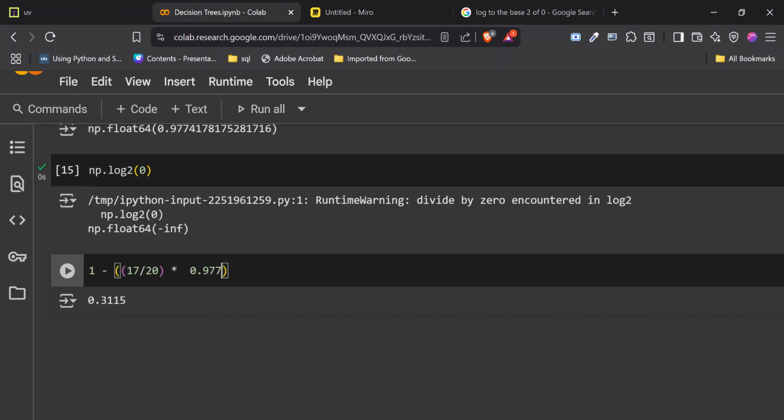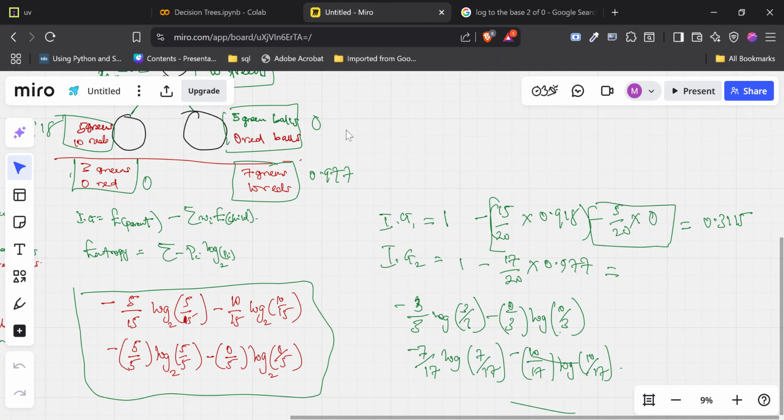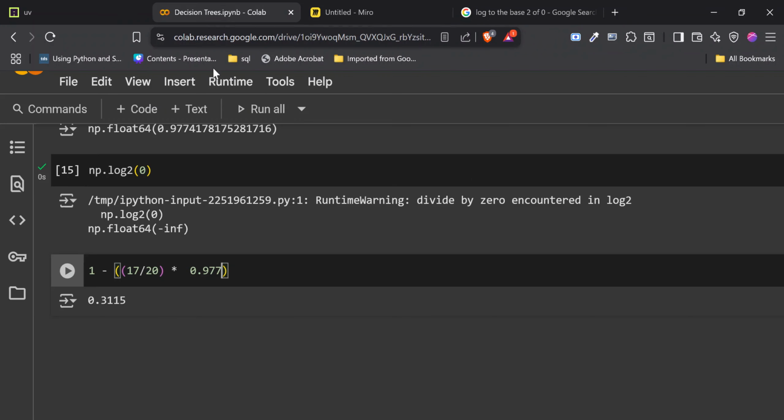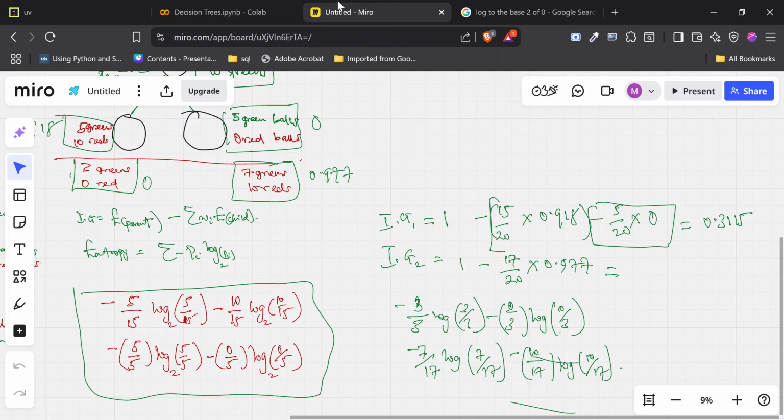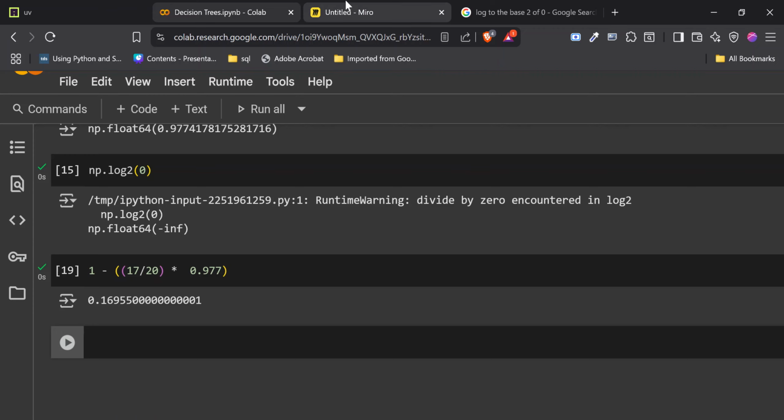Let's confirm that. Yeah, that's true. So if we run that, we have 0.1695. So that second one is 0.169.